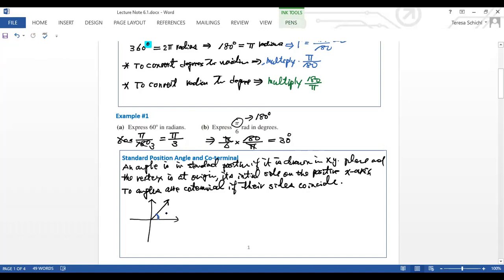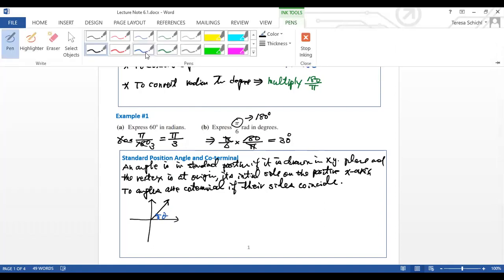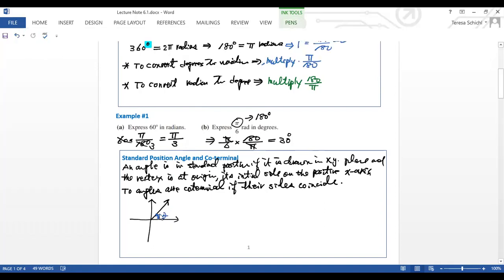Then the next angle is here: instead of swinging counterclockwise, if I swing this way, this red angle I call theta 1. So theta and theta 1, look at what happens here.